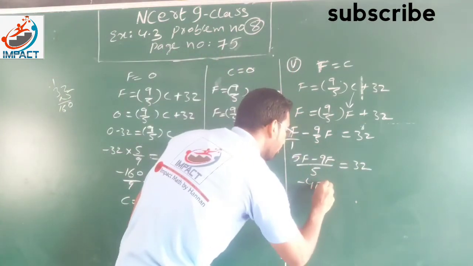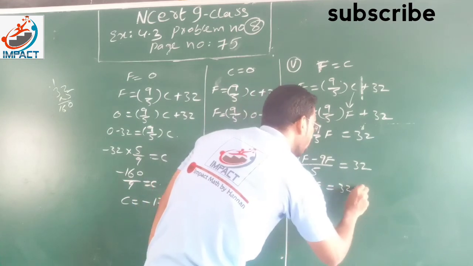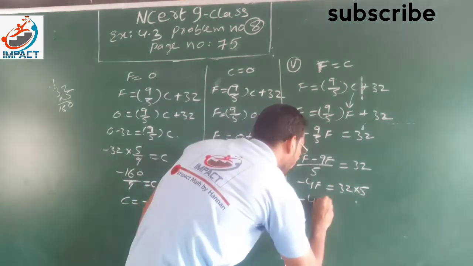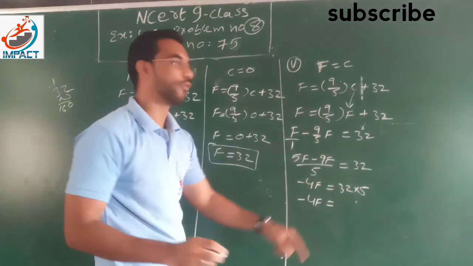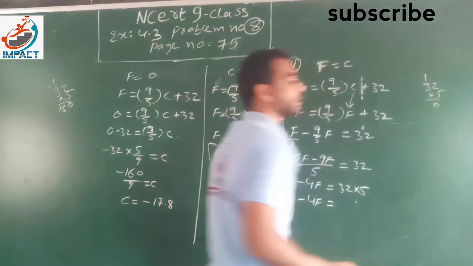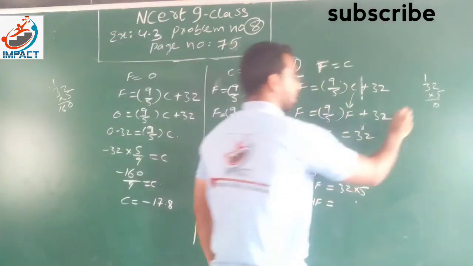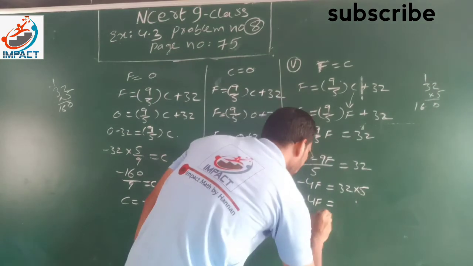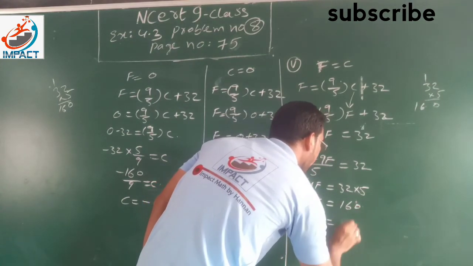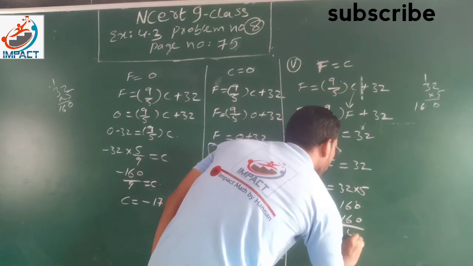Minus 4F is equal to 32 into 5. 32 into 5: 5 twos are 10, 0 carry 1, 5 threes are 15 plus 1, 16. It is 160.